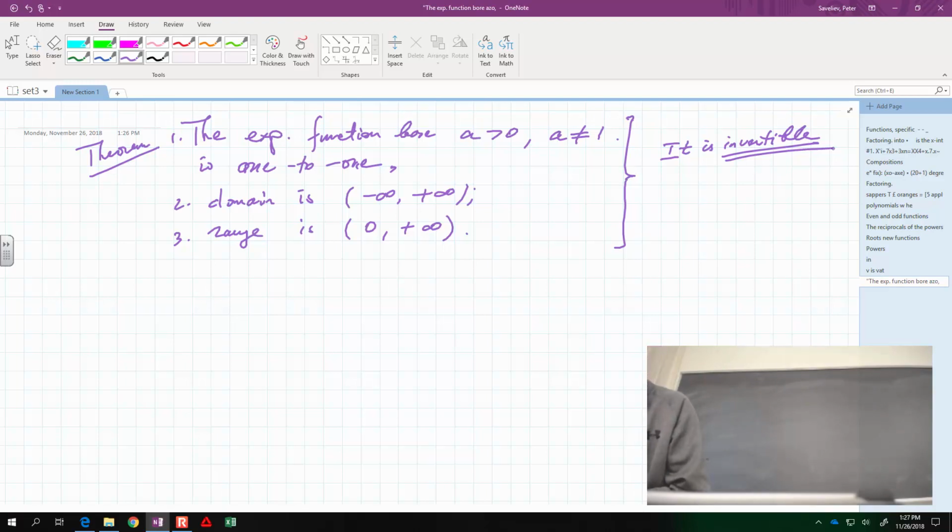This will be the range of the inverse, and this will be its domain. So the domain of the inverse will not be everything. It will be limited to 0 to infinity. It's called the logarithm.